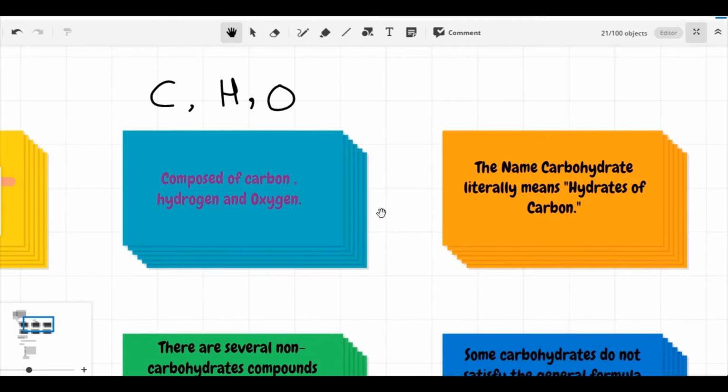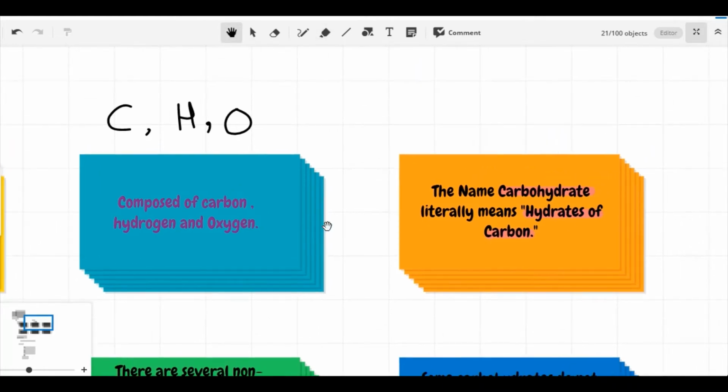Now the next one: the name carbohydrate literally means hydrates of carbon. Remember that hydrates of carbon means the carbon contains water molecules.